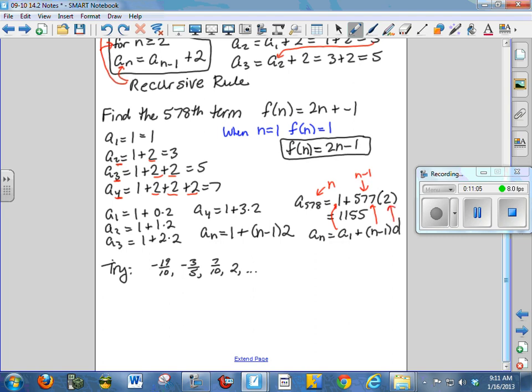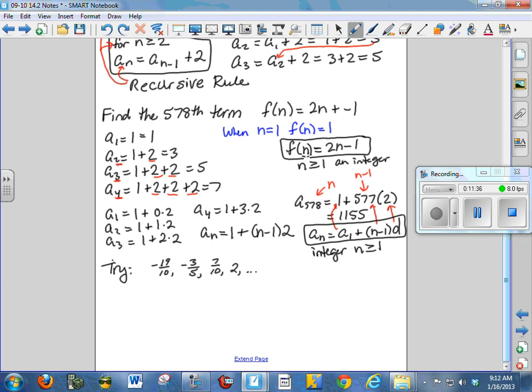So there are two different ways to write the explicit rule. One is more like a linear function, where we need to actually designate that n is greater than or equal to 1, and it's an integer. Or this function rule here for integer n greater than or equal to 1.